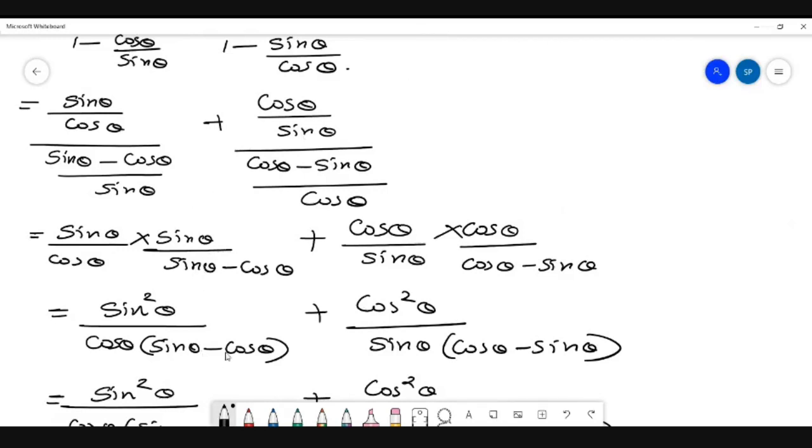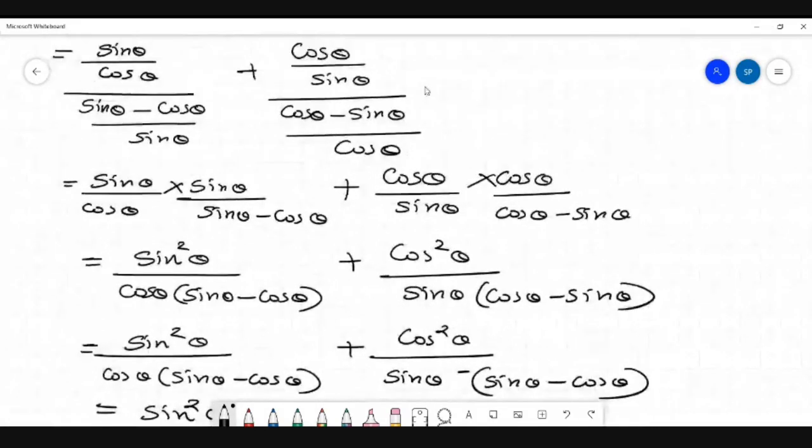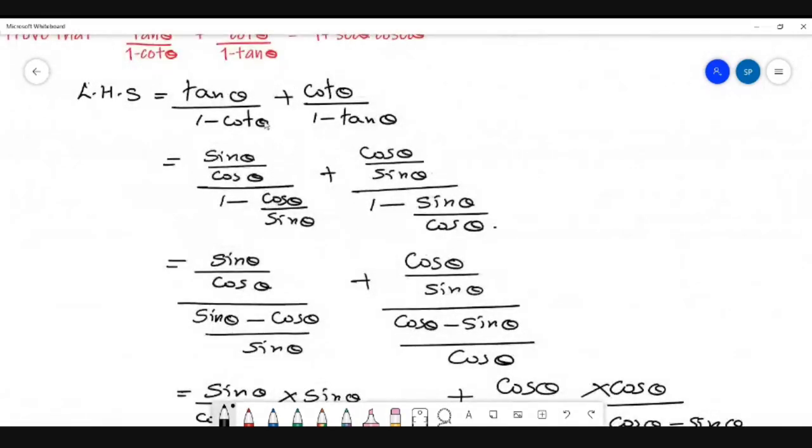You can directly go to this. Like that you can reduce the steps. And the same problem can be done converting this cot theta in terms of tan theta. That is, this cot and this cot can be converted in terms of tan and can be proved. That you can try.